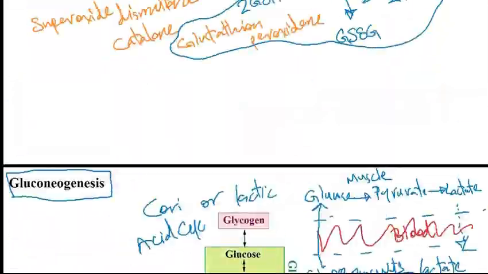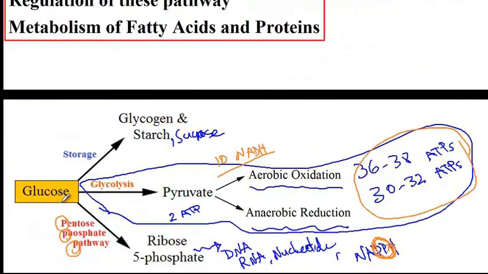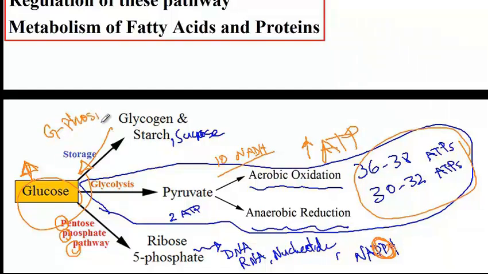Let me show it in the pathway here. We already have too much ATP, so it's telling us that our energy is doing good. And we also have too much glucose. So why do we have to break down glycogen? We don't need to. We already have too much glucose, too much glucose 6-phosphate, and too much ATP. Therefore, all these allosteric effectors will inhibit the function of glycogen phosphorylase in order to inhibit breakdown of glycogen.